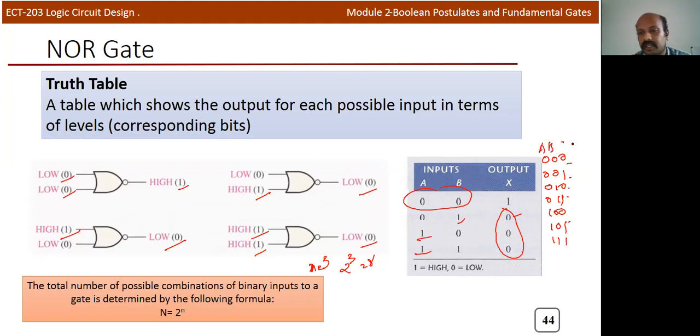Assume that these are the inputs, and the output you can write like this for the NOR. If all the inputs are 0, output will be 1. In all other cases, you will get 0. If any one of the inputs is high, the output is low. So this is the NOR gate for 3 inputs. Similarly, you can write 4 input, 5 input, or any number of inputs.